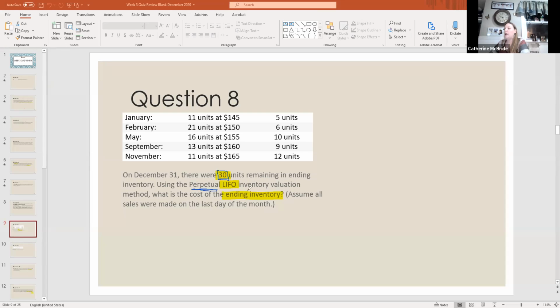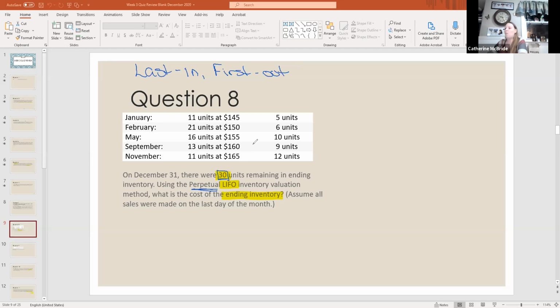We want to use perpetual and LIFO, last in, first out. And remember, when you look at LIFO and FIFO, that is not physical. It's not talking about the physical flow of the inventory. It's only talking about how we're going to assume that the costs are set up. Does that make sense? It has nothing to do with physical.